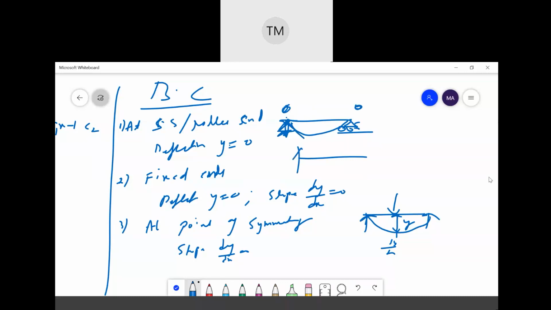If it is a fixed support, the curve will be like this. There will be slope, and deflection will be 0. Why? Because at a fixed end the three directions are constrained, so there will be no deflection. Is it clear? These are the very important boundary conditions based upon the supports.